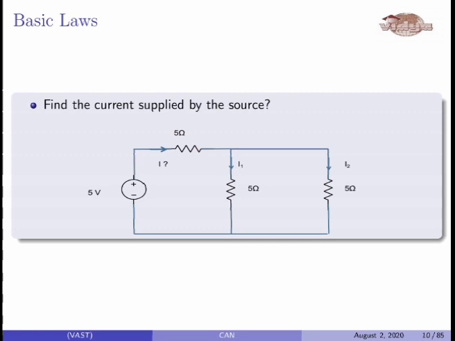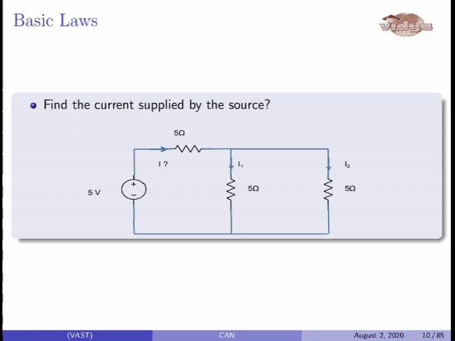Now let us consider another example. This circuit is a modification of the previous problem that we discussed in the application of Ohm's law. Here there is an additional resistance. We have to find the current supplied by the battery. So how to find this current? As in the previous case, we cannot find I1 and I2 directly. What is the reason?